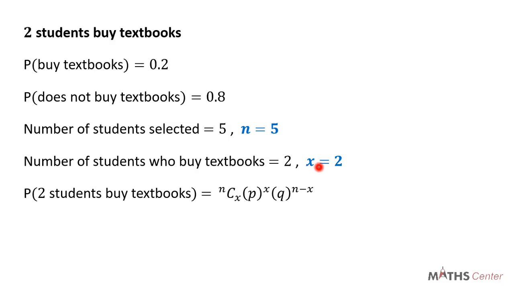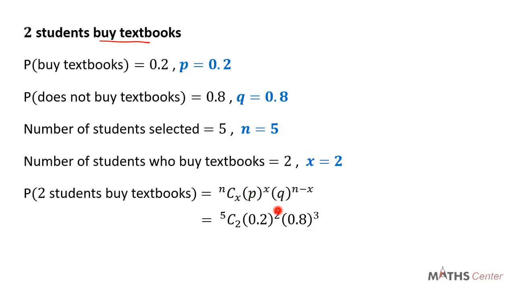X is the number of students who buy textbooks. P is the probability of success. Here, buying textbooks is success, so P will be the probability that a student buys textbooks, which is 0.2. And Q will be the probability of failure, which is the probability that a student does not buy textbooks, which is 0.8. When you substitute the values of N, X, P, and Q here, you have 5 combination 2, 0.2 exponent 2, 0.8 exponent 3. And this gives us 0.2048.